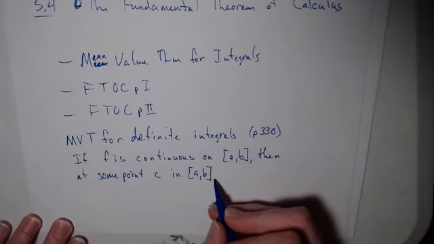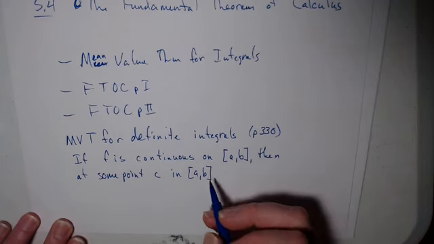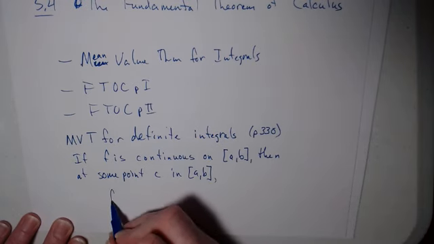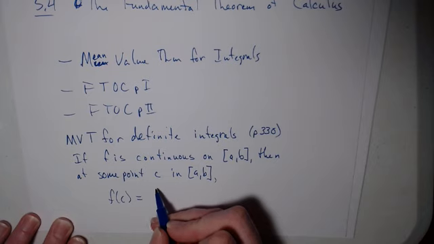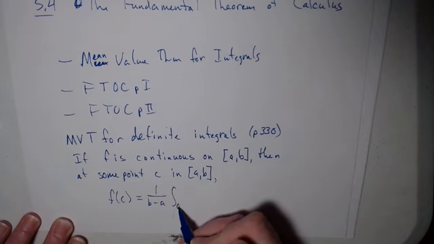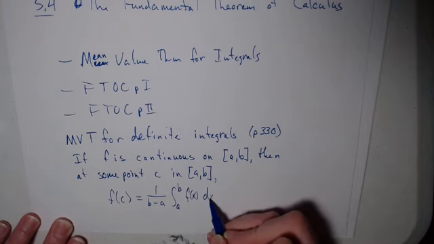Sometimes it bothers me. I know it shouldn't, but I was raised on Sesame Street. In that case, we have f of c is equal to 1 over b minus a times the integral from a to b of f of x dx.